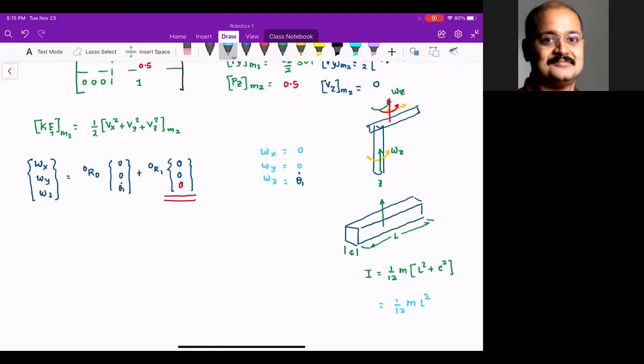Now there are two ways this problem can be viewed, and I will tell you both the ways.